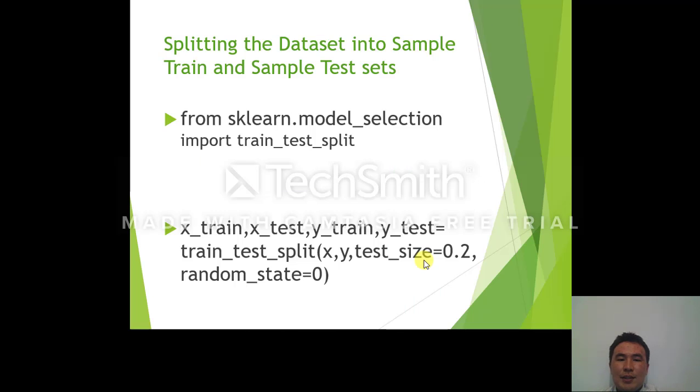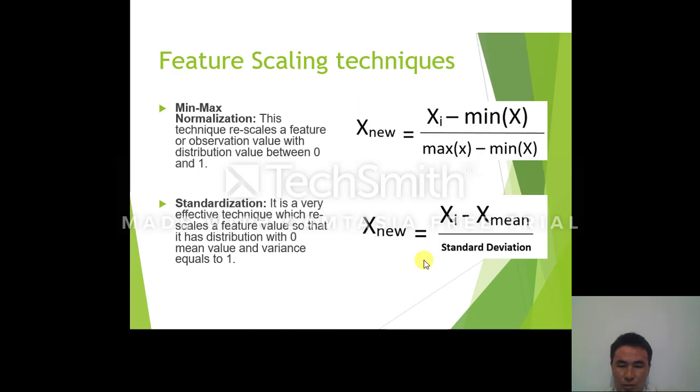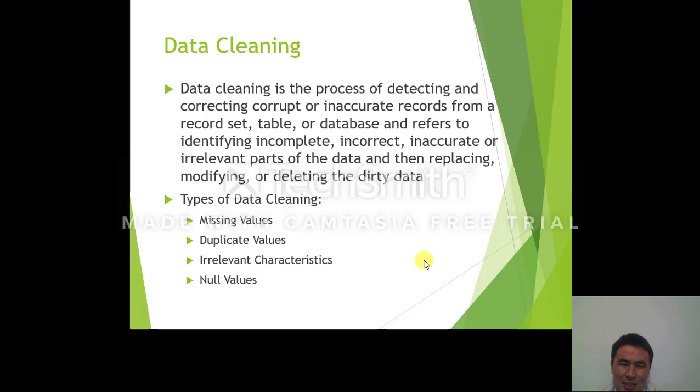Last thing today in our class, we would like to discuss data cleaning. Data cleaning is the process of detecting and correcting corrupt or inaccurate records in our dataset, whether a table, data frame, or anywhere. We should identify incomplete, incorrect, inaccurate, or irrelevant parts of the data, and replace, modify, or delete the dirty data.